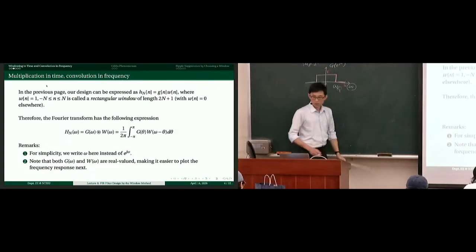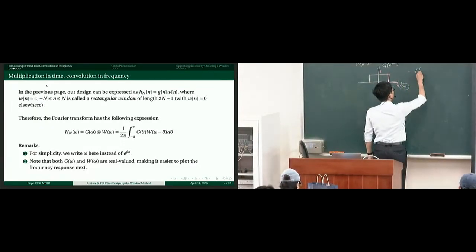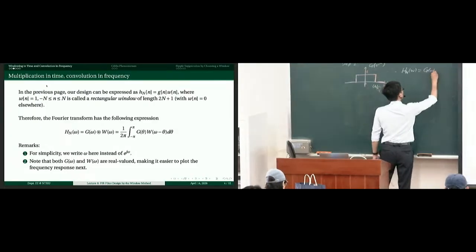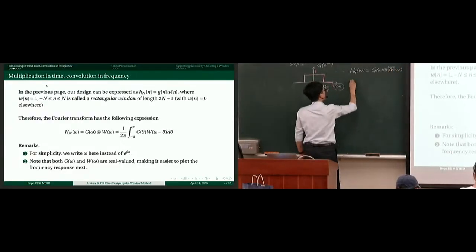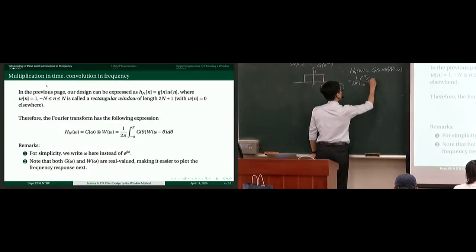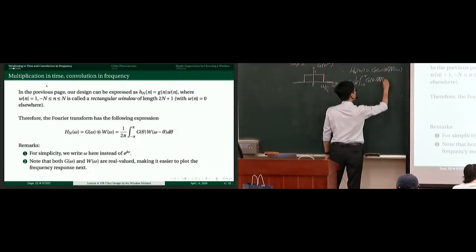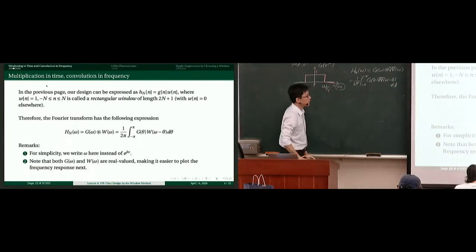Now we have the convolution theorem of the second kind, and we know that the design's frequency response would be equal to G omega circularly convolved with big W omega, and the definition goes 1 over 2 pi, integral from minus pi to pi, G of theta, W of omega minus theta, d theta, theta being the variable for integration.